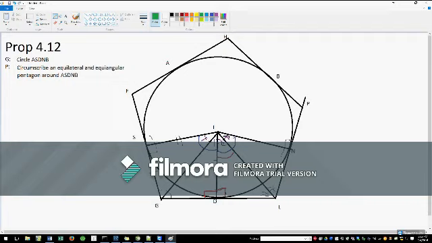Therefore the remaining sides will be equal to the remaining sides. So GD is equal to DL, and the angle TGD equal to the angle TLD.